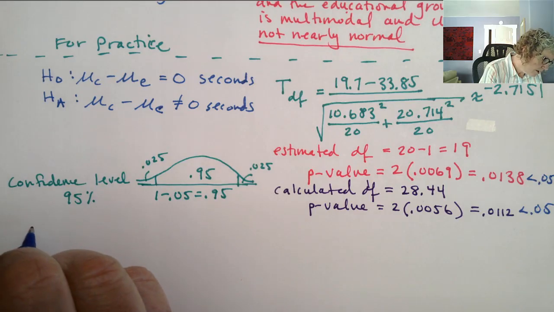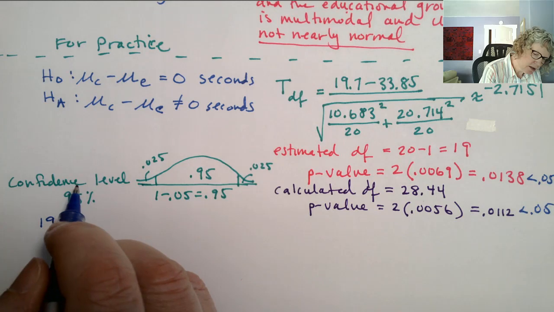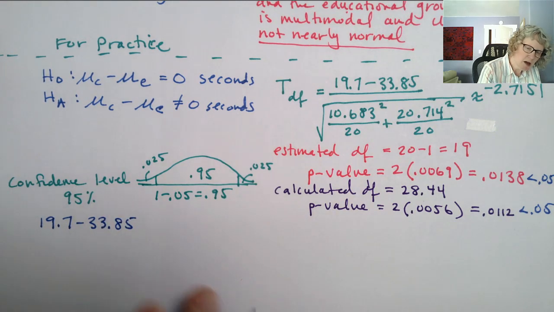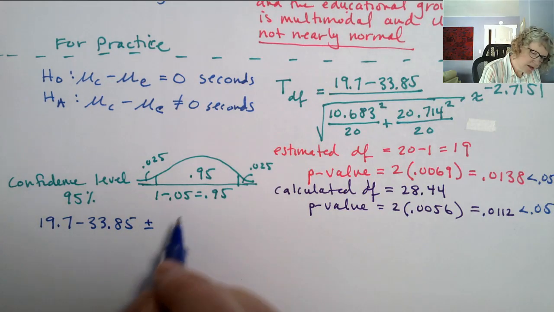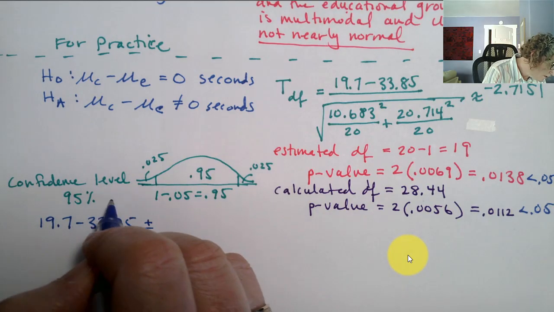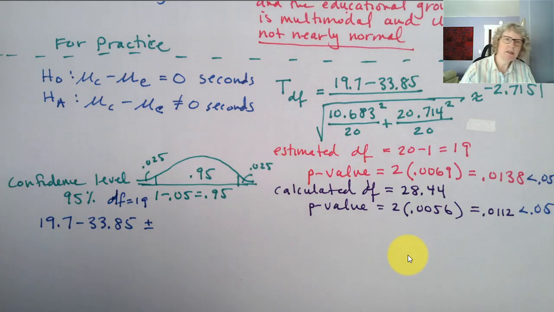So I'm going to put my difference here, 19.7 minus 33.85 plus or minus. I need that t star before I do the square root. So let's do df equals 19.